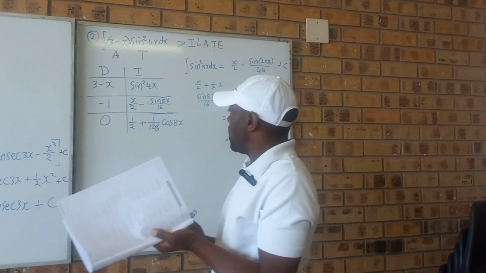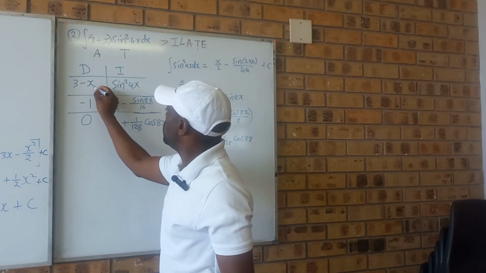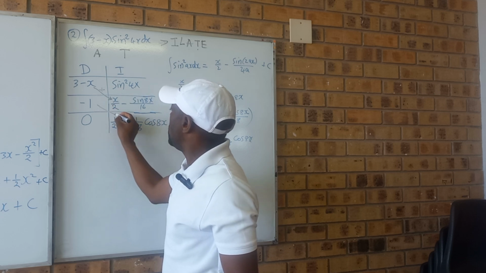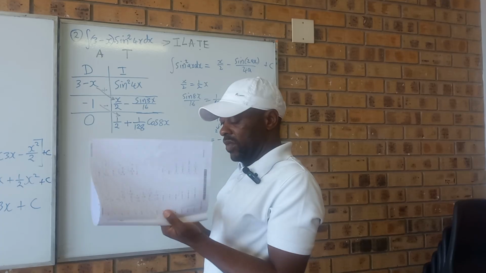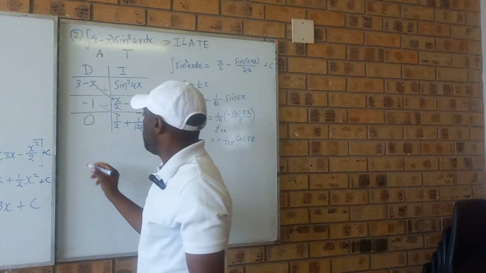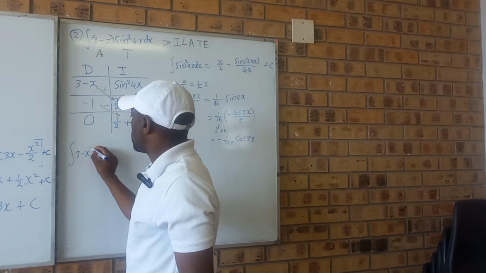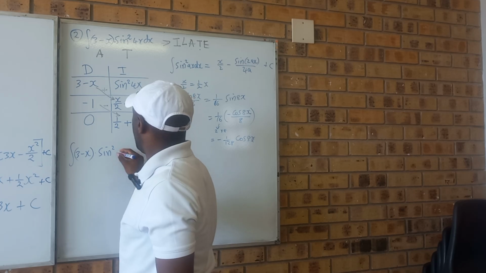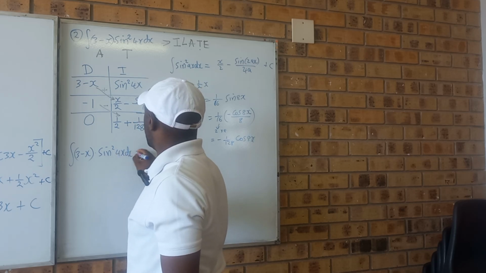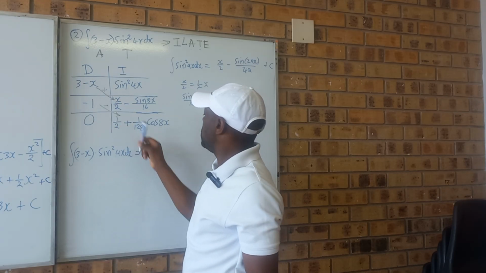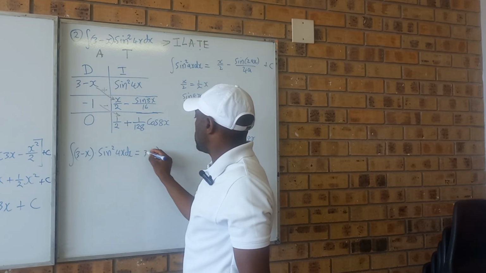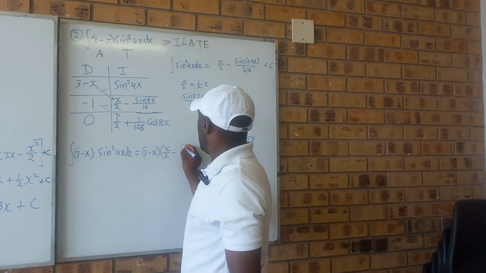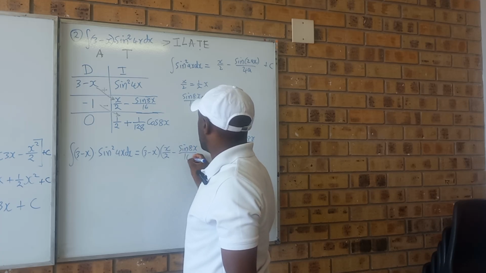So using my table method, I can now bring out my answer. In the table method, the first arrow carries a positive sign, the second carries a negative sign, sorry. So if I get back to my problem, the integral of 3 minus x multiplied by sine square 4x dx will be equal to, simply multiply, 3 minus x, a term, multiplying another term which is x on 2 minus sine 8x on 16.